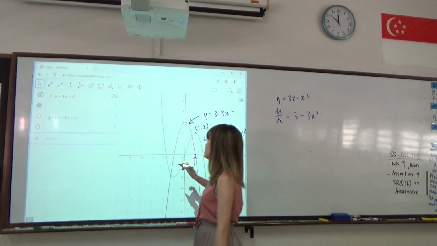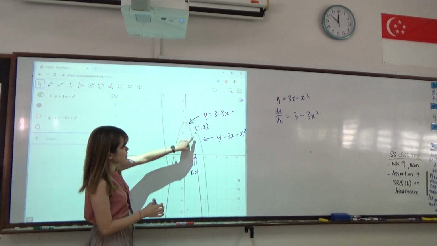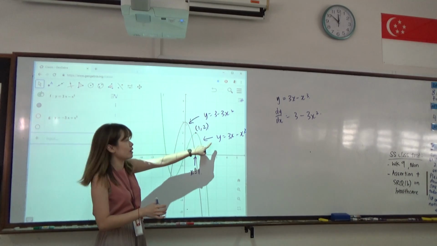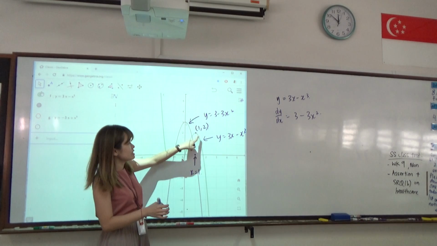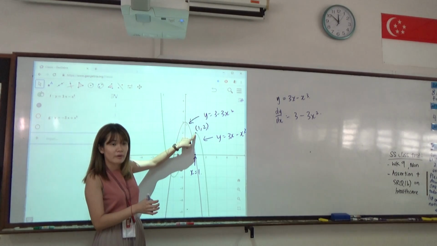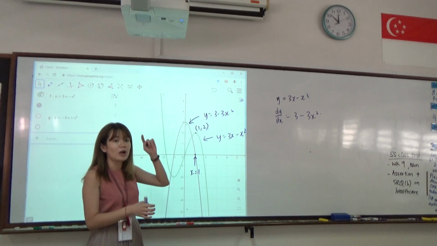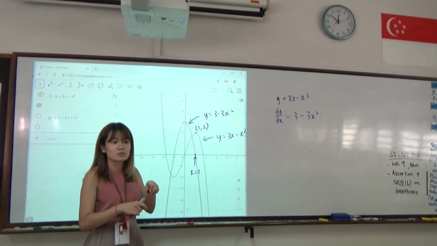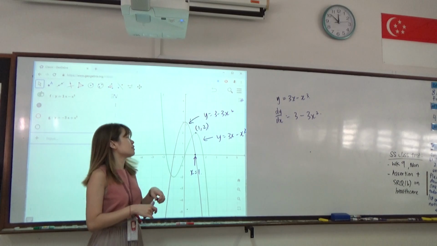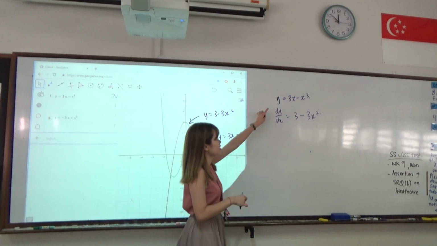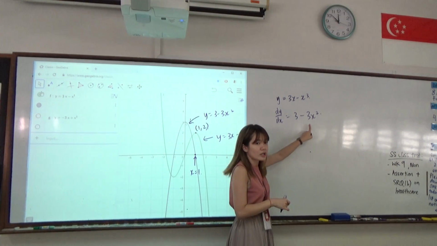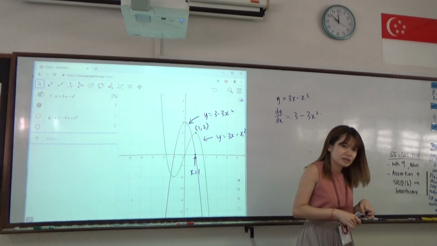So we agree that this green one over here is our original equation, right? And we see that there's a maximum point here, correct? For a maximum point, we know that the derivative value will be equal to 0, right? So if I differentiate this equation, I will get 3 minus 3x squared, correct?